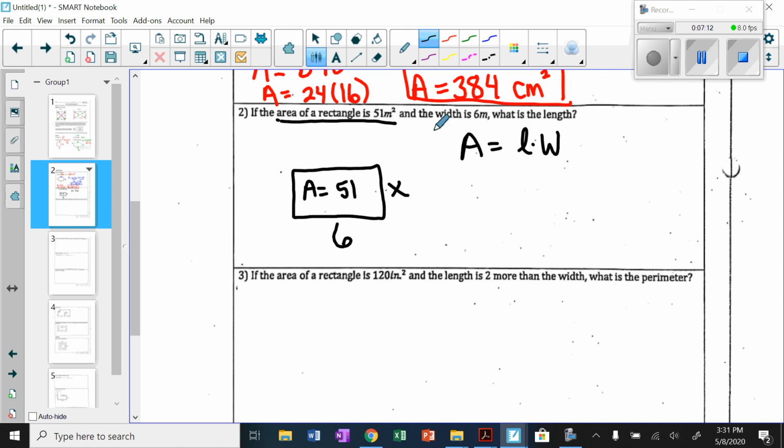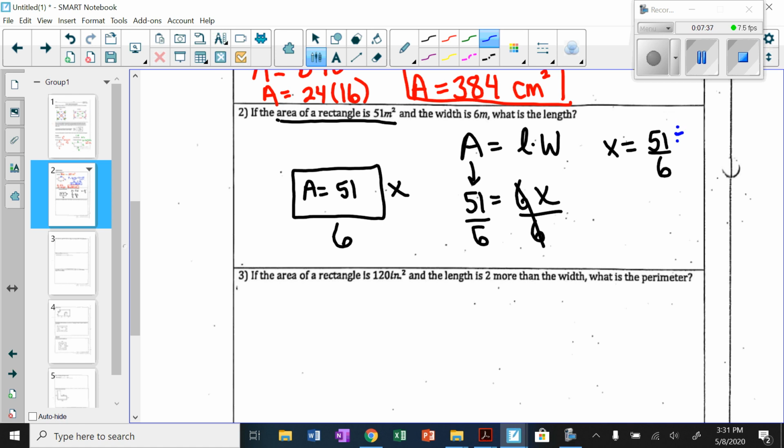Now the area they told us is 51. So instead of the A, I'm going to put in 51. And then we're going to have 6 times x. We're solving for x, so we're going to divide by 6 on both sides. And now we can say x is equal to 51 over 6, but I would reduce that.